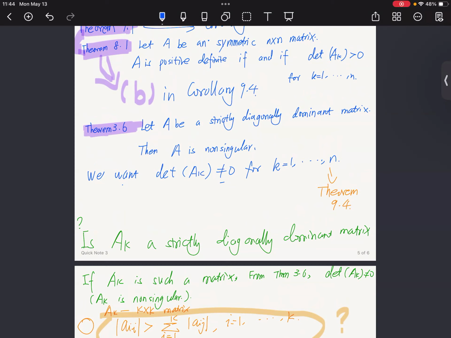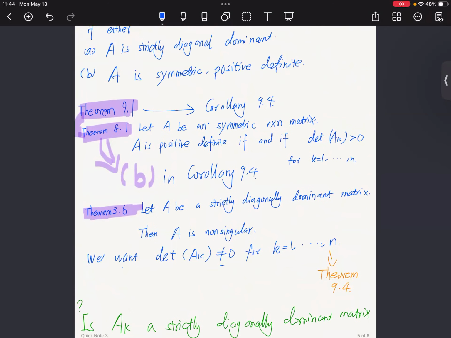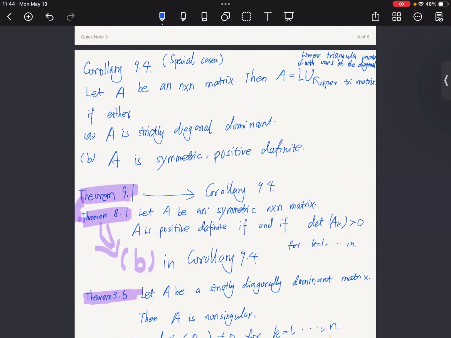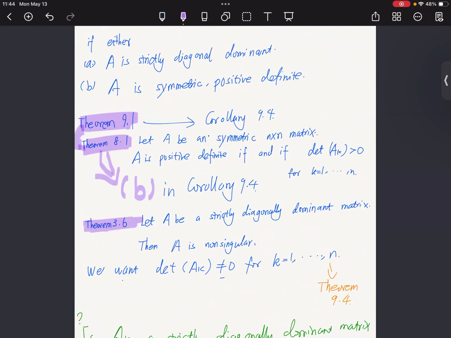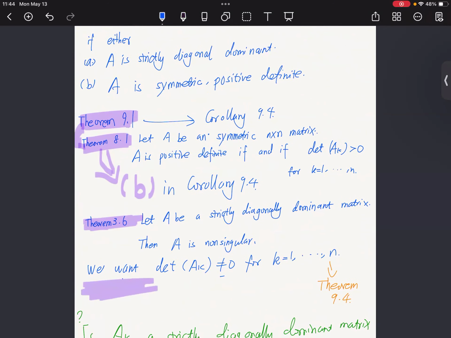This proves that if A is strictly diagonally dominant, then we have the LU factorization for it. So here I conclude that Theorem 9.1 combined with Theorem 3.6 gives us the A part in Corollary 9.4.